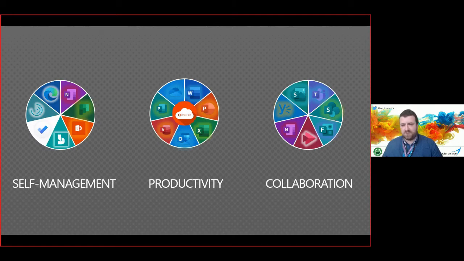The one in the middle is probably the one we're most familiar with, and this is our productivity suite. So we should all be familiar, I think, by now with Word, PowerPoint, Excel, and Outlook. And within there, we've also got Access, OneDrive now being quite a key part, and Publisher. And then on the right-hand side, we've got our collaboration tools.